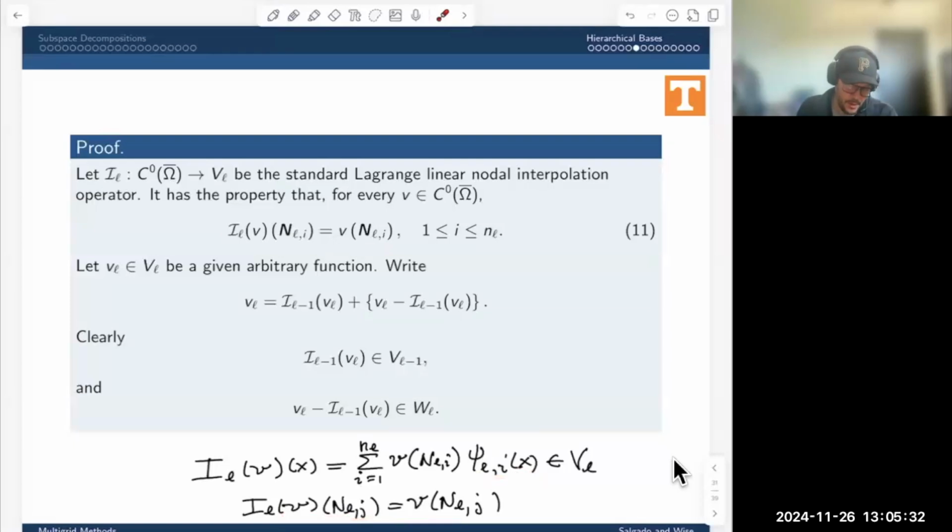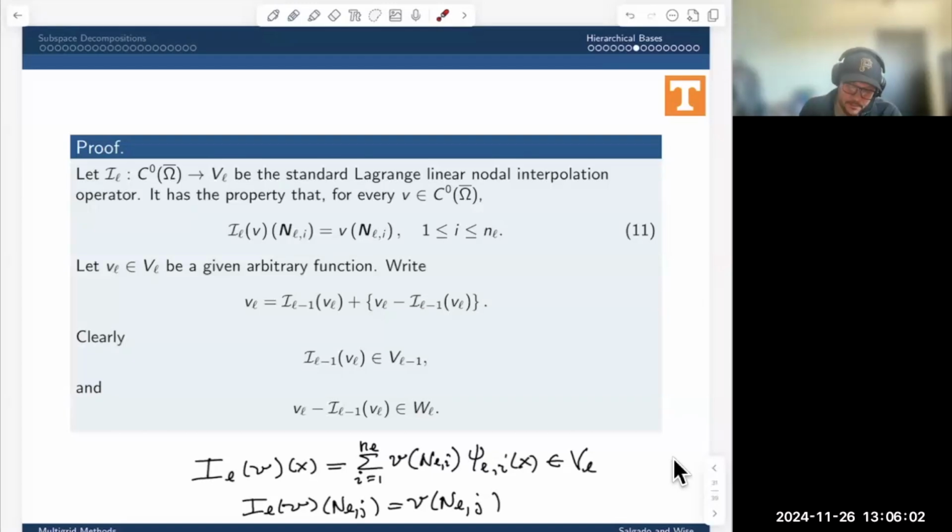Now, we can use this Lagrange nodal interpolation operator in a number of different ways. We're going to use it in a slightly different way. Suppose that VL is already in the space VL. It's an arbitrary finite element function on level L. And we're going to write this VL using some trivial representation, which turns out to be quite useful for us.